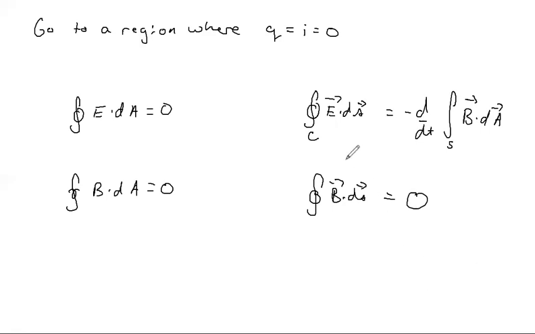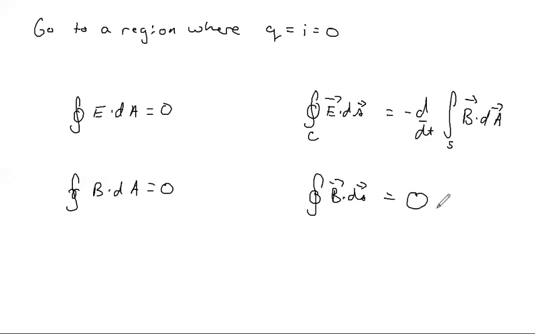This looks kind of weird. Several times through the semester, we've seen that there should be a parallel structure between electric and magnetic fields. These equations on the left are amenable to that, but the equations on the right are not parallel. We're missing something. We need something else other than zero here to reinstate the symmetry.